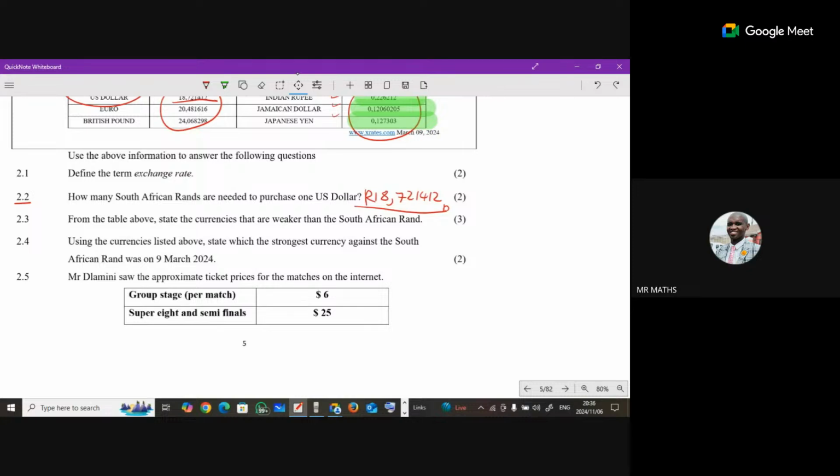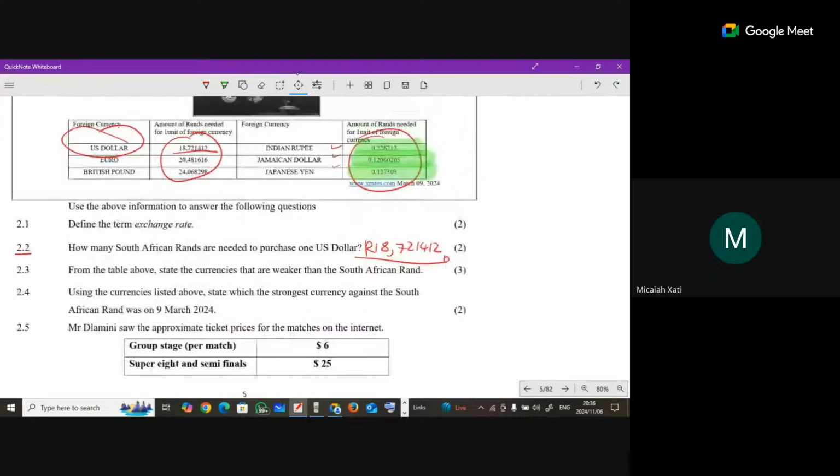Using the currencies listed above, state which was the strongest currency against the South African rand. Which is the strongest currency? British pound. British pound.